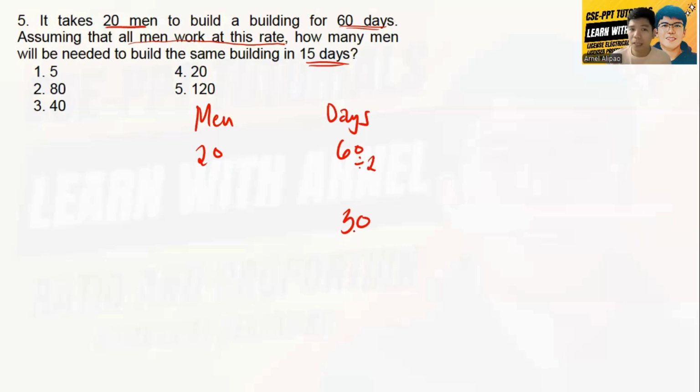And we have 30. So now, it's not supposed to be the same thing we have to do here in men. There's no way you're going to divide 20 by 2. It has to be the reverse.